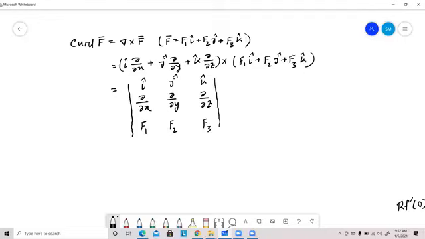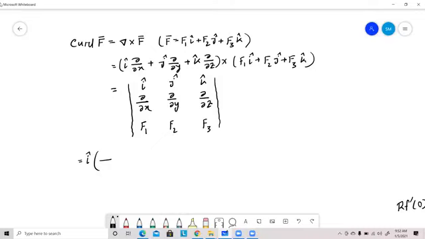Now if we evaluate this determinant, what will happen? When we take i, which term will arise here?